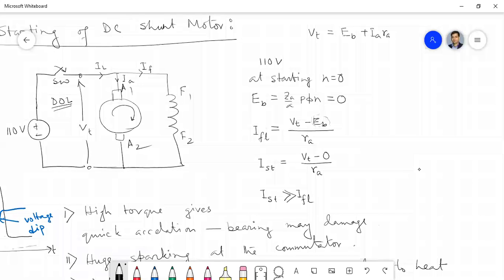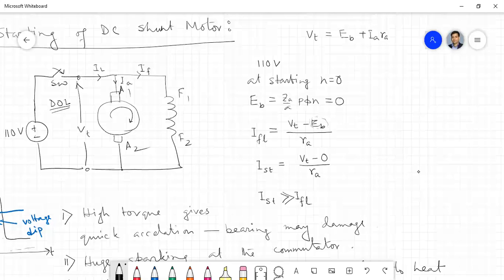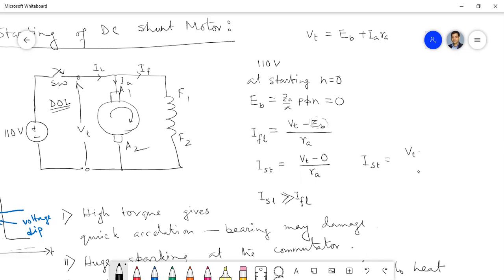Okay, so one suggestion I got is that if we have very high resistance at the beginning, that means if we have additional resistance... We know that initially the back EMF will be 0.